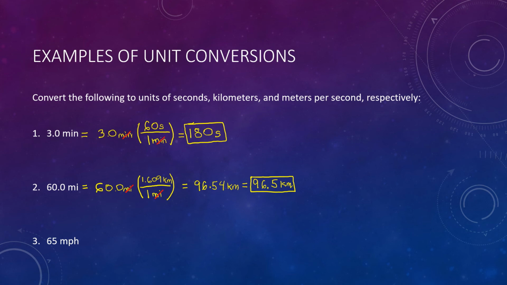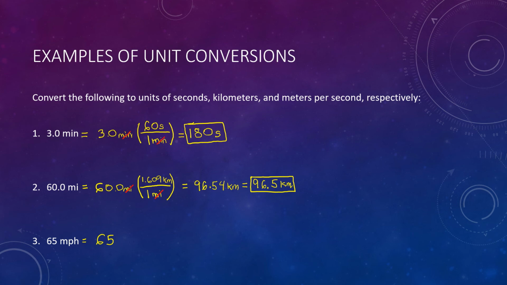Okay. One more. This one will involve an additional step. We're now being told to take 65 miles per hour and convert that to meters per second. Okay, well, the first thing to note, I'm going to write this again. Step 1, start with your number. I purposely wrote this as mph because that's how we see it in the United States on, say, street signs.